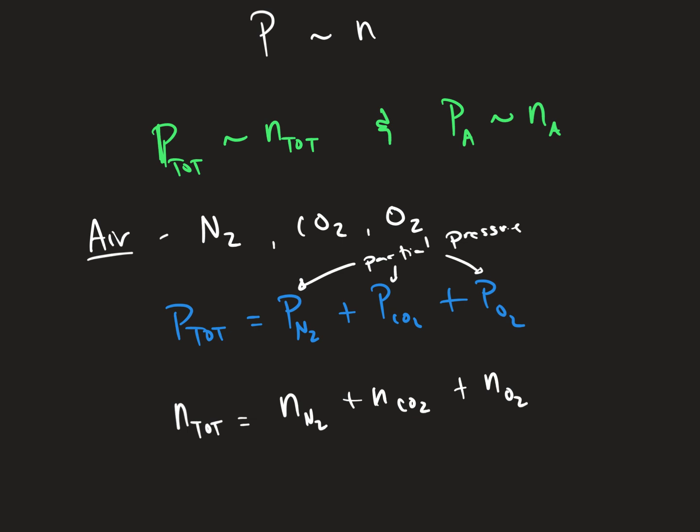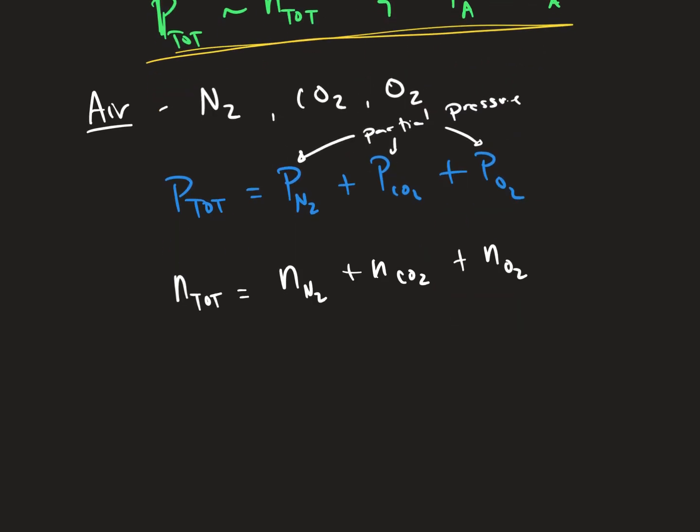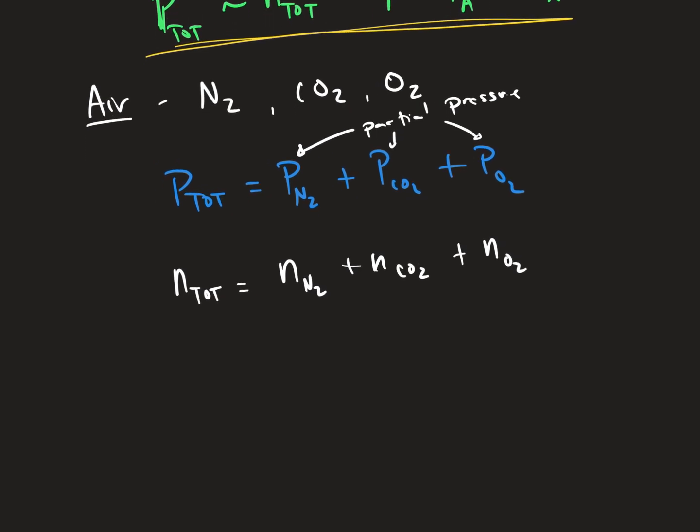Okay. So if these are true, this is the proportionality, we can change this to an equation and we'll write it like this. Let's do PA. Example, that could be like pressure of oxygen, right? Or pressure of nitrogen. Just one of the gases.